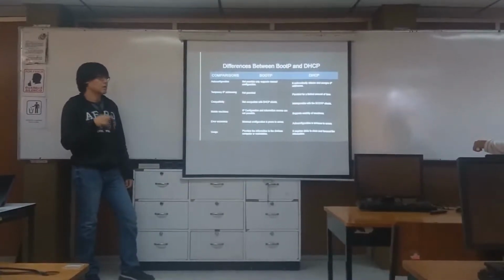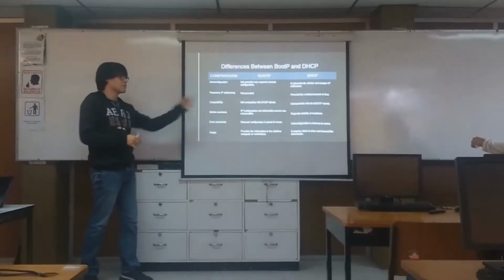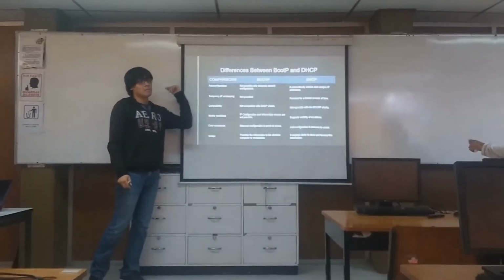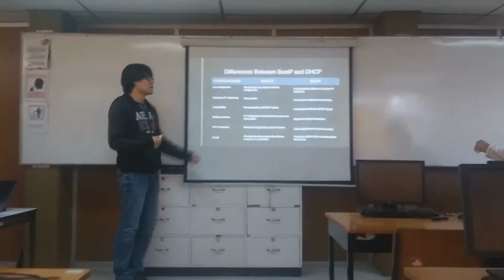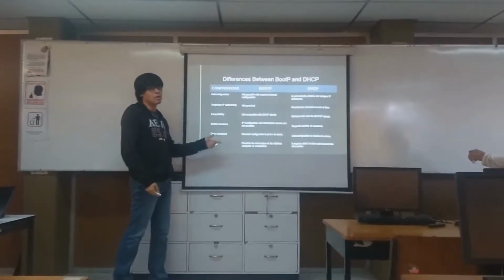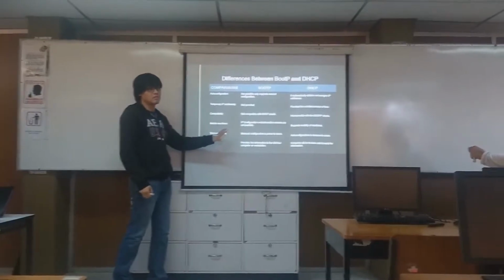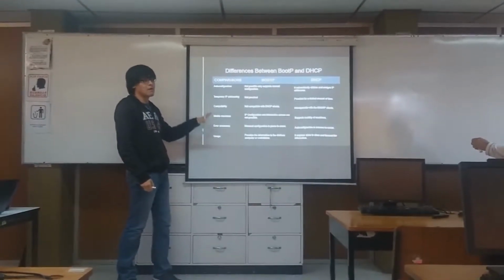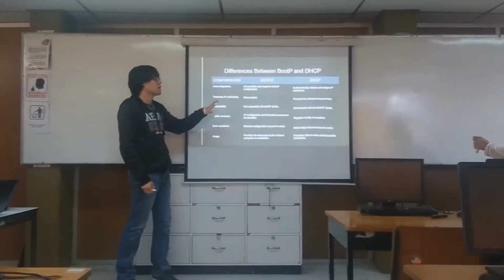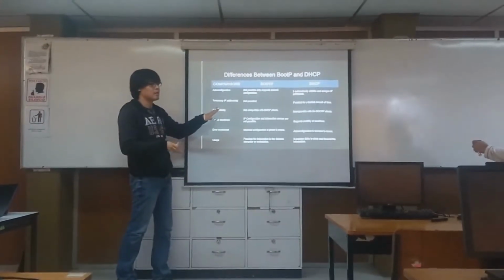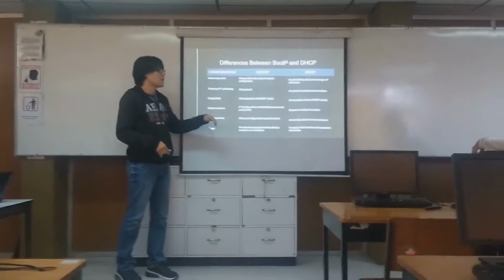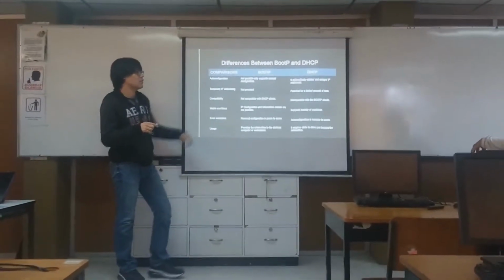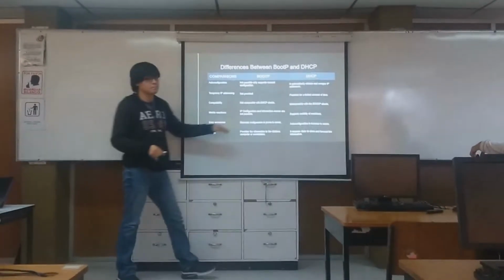Compatibility. Now, like I said before, this is the obsolete version that we had before, the DHCP. So it only functions for devices that have compatibility to boot P instead of devices that have compatibility with DHCP.